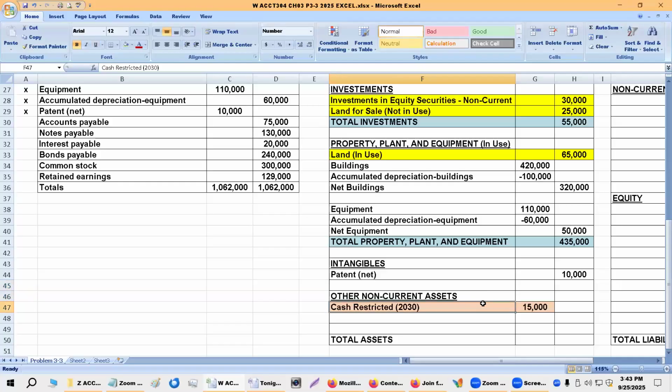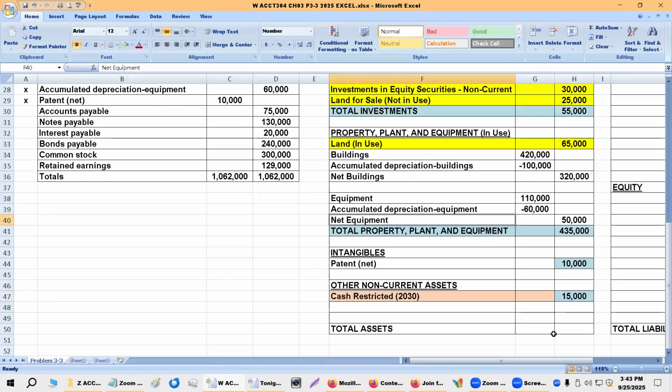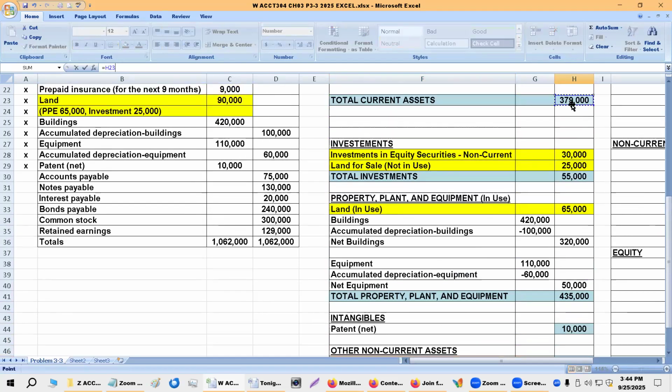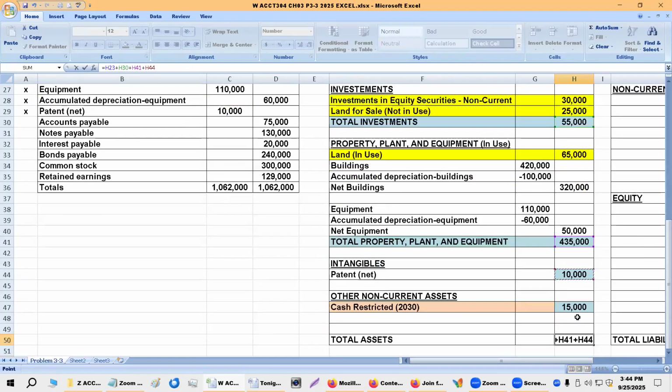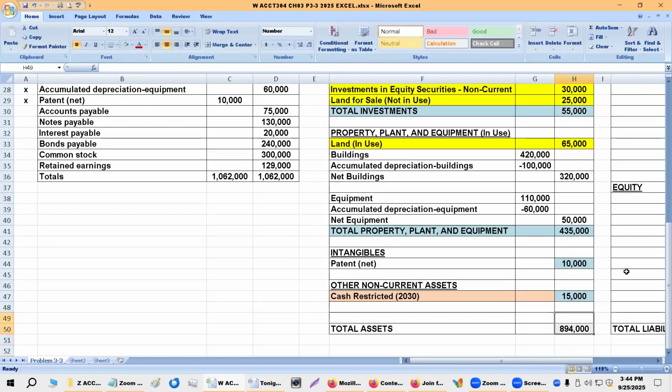Entertainment tax. Okay, patents are just that. This is just... So let's see, total current assets equals $894.